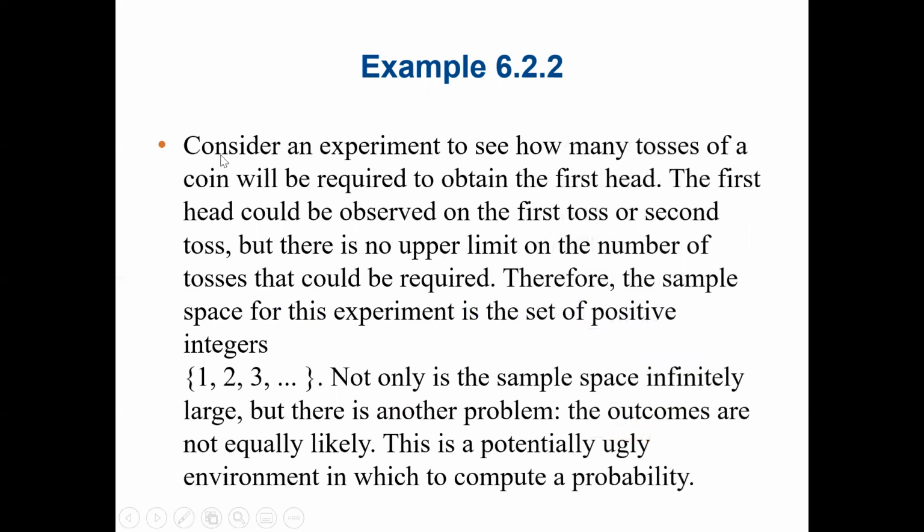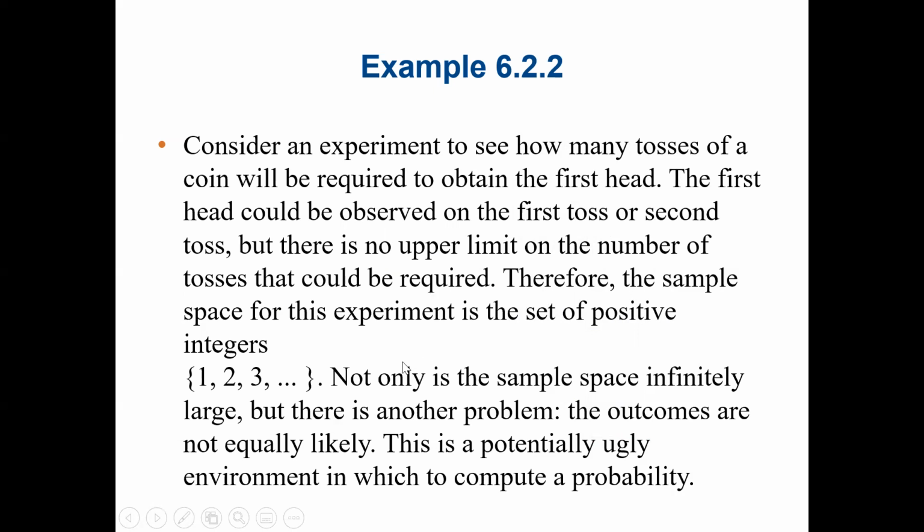Next example, we're going to consider an experiment to see how many tosses of a coin will be required to obtain the first head. The first head could be observed on the first toss or the second toss, but there's no upper limit on the number of tosses that could be required.